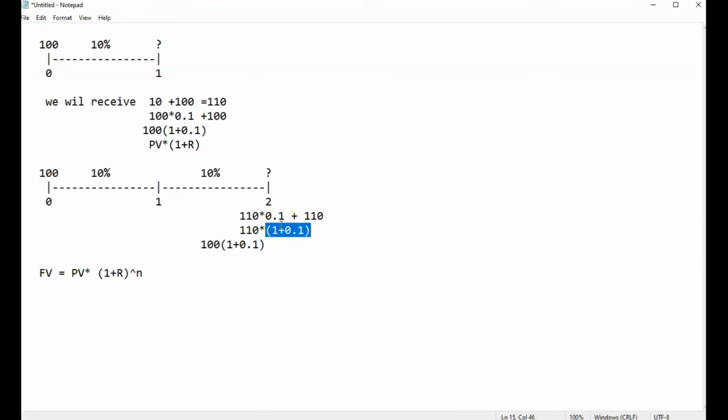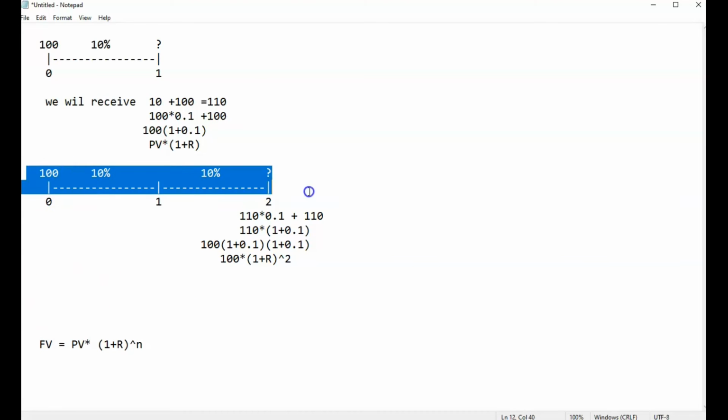Then we can simplify the notation as 100 times (1 plus R) to the power of 2. Apply the same logic for the 3-period model.